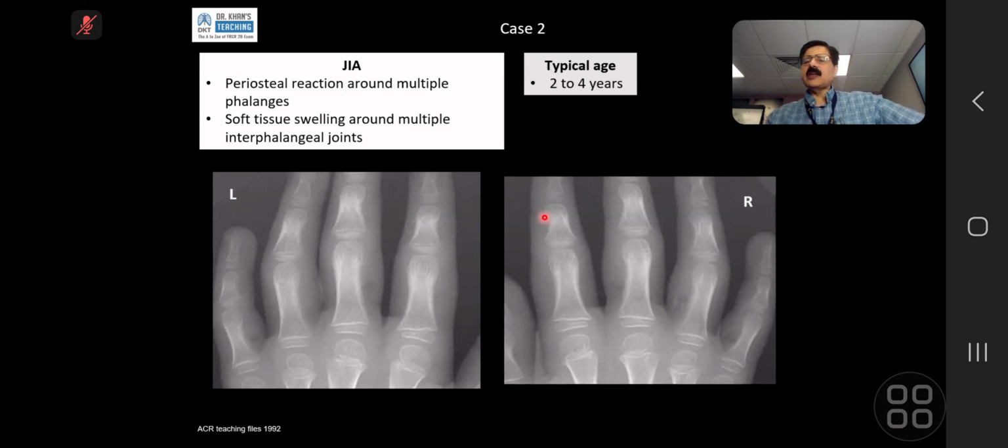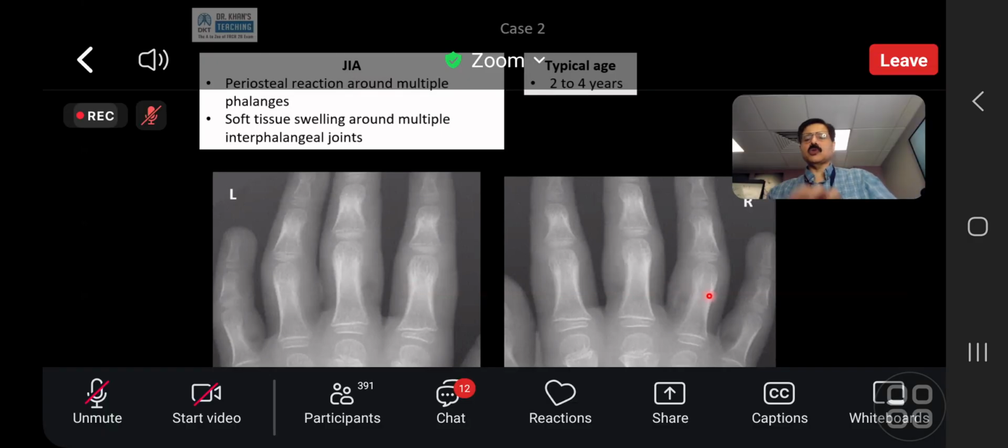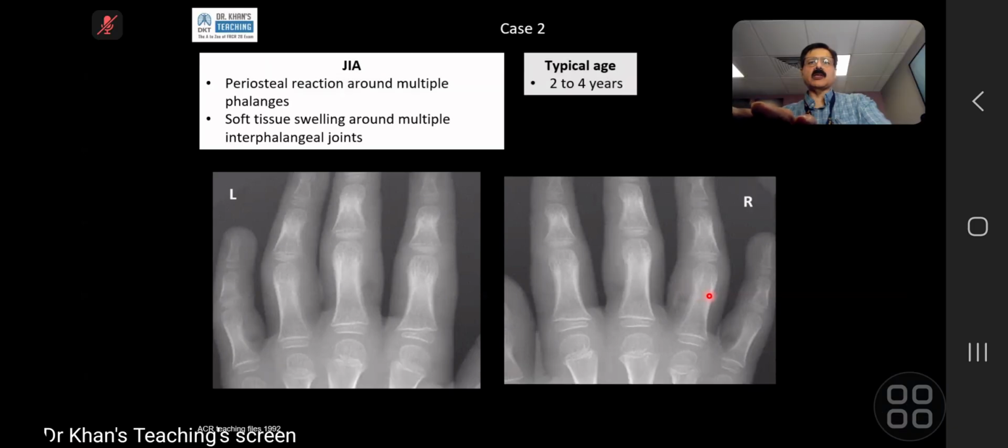We will not even consider it in our differential diagnosis. This is 2 to 4 years, and the periosteal reaction is along the phalanges. So we will not keep it in the differential.